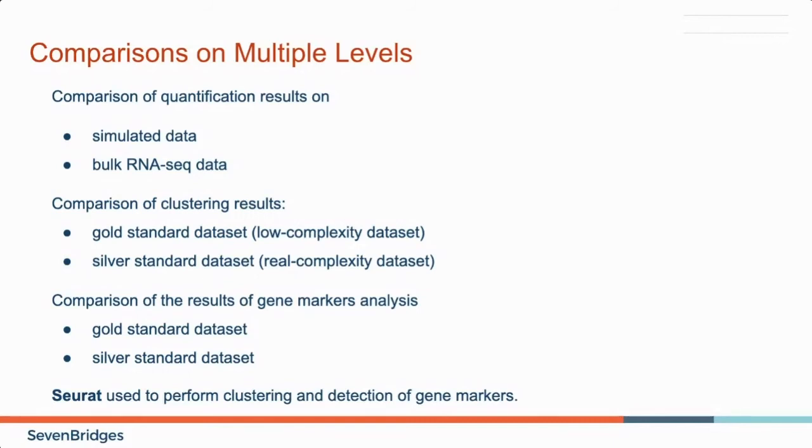And the silver standard dataset is a real complexity dataset. It is representing peripheral blood mononuclear cells, and this dataset is downloaded from 10x Genomics website. So cell type labels for each cell and marker genes for distinctive cell types were available, and we used them as a ground truth in our comparisons.